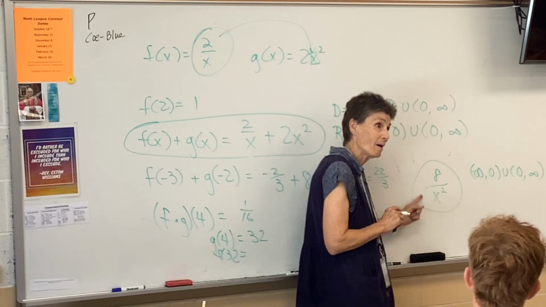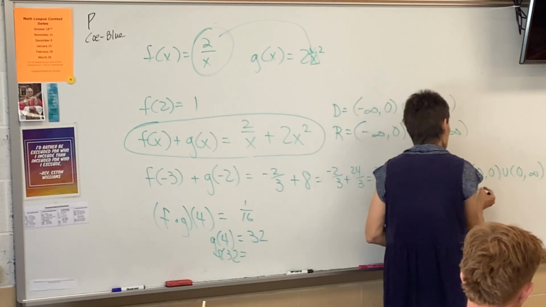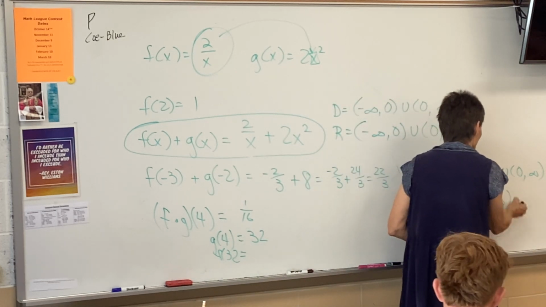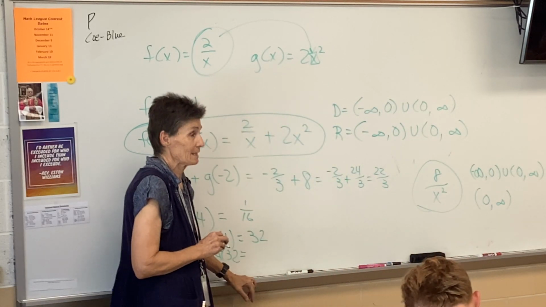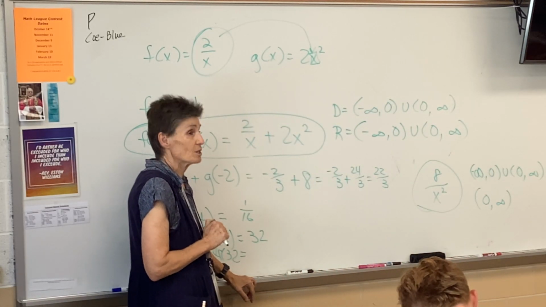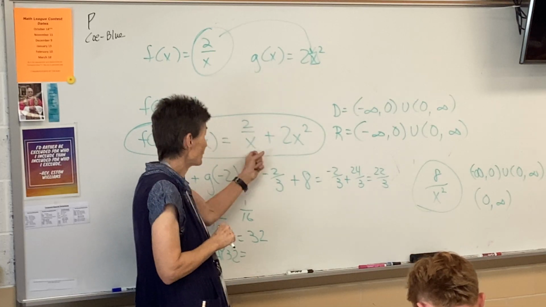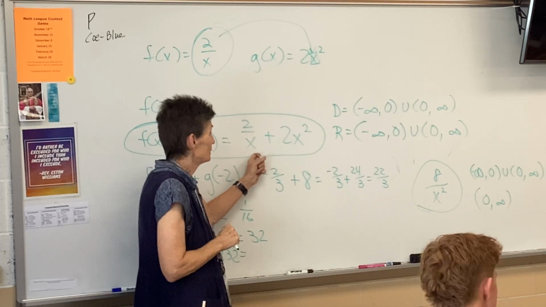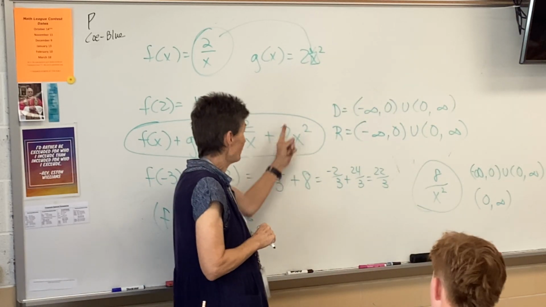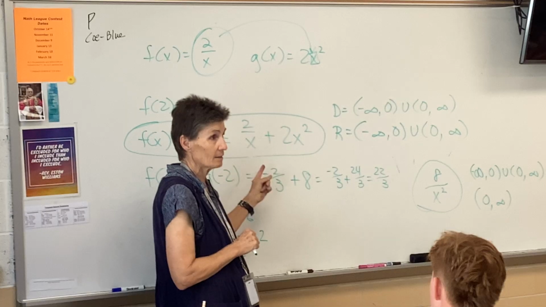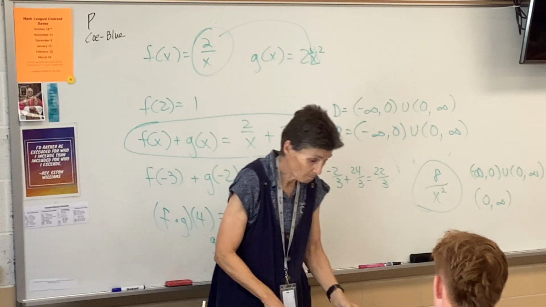Isn't this going to be positive all the time? So your range is actually just 0 to infinity. Your domain is everything, but your range is 0 to infinity. This one can be negative. This one is not. This part will be positive, but that part could be negative. That's tricky.